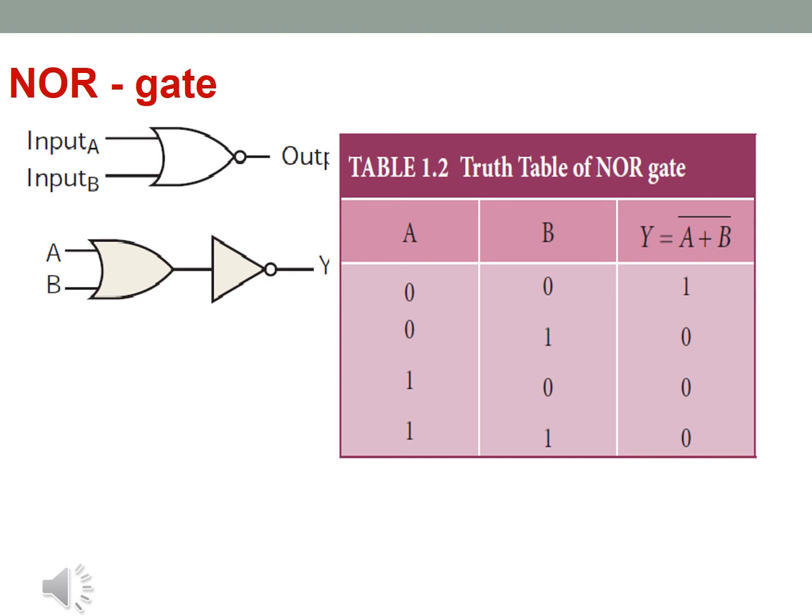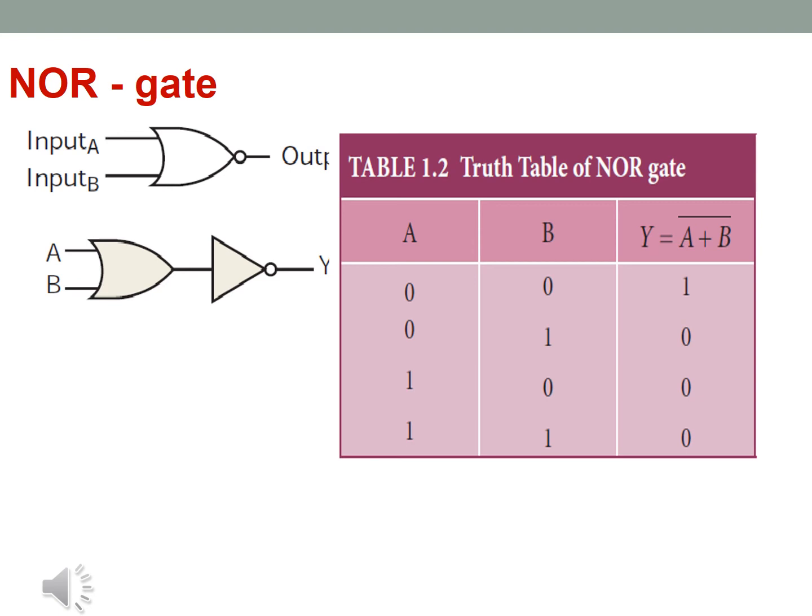Here A and B are the inputs of the XOR gate, and the output of the XOR gate is known as A XOR B. See the symbol, A plus B inside a round circle.